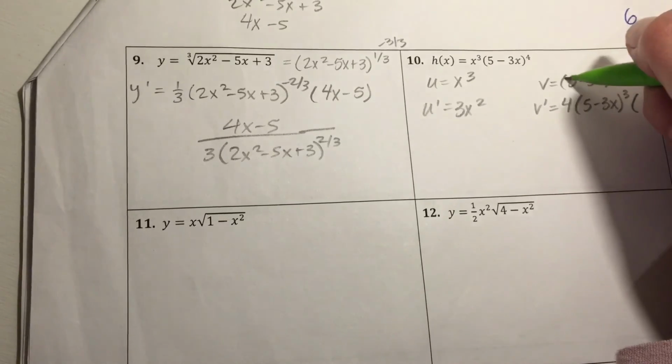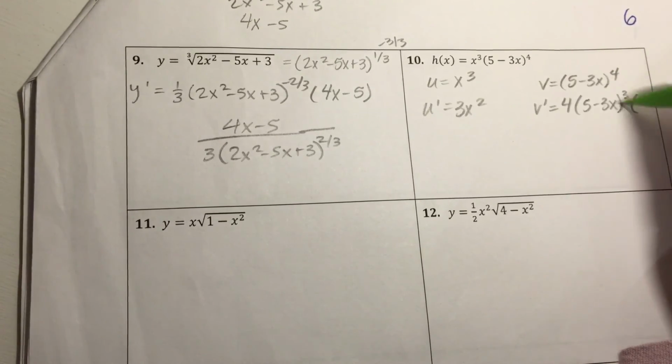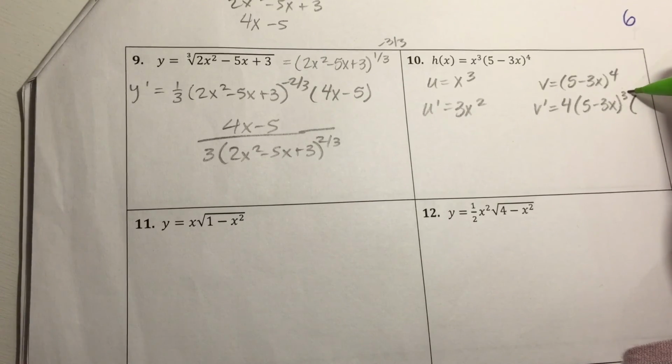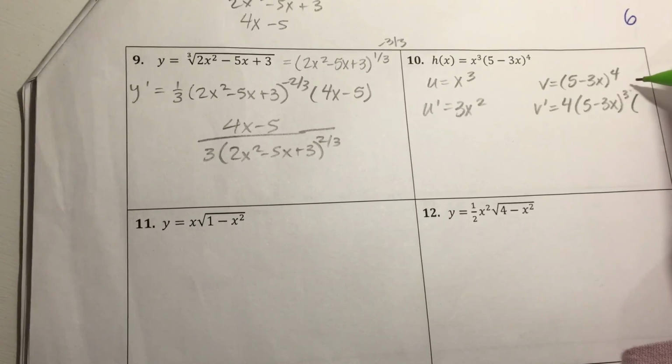And you know, I do the bring down and then I just like write this and I forget to write my exponent, so be careful. If I do it in the video and I forget to write it, then come ask me. Okay? All right.